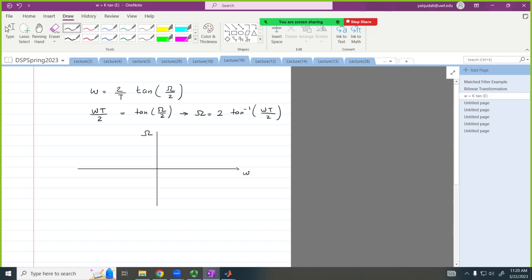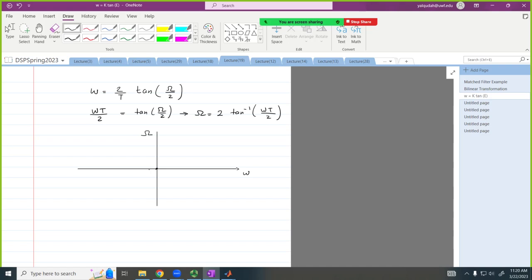So when W is equal to 0, omega is going to equal 0. So we are at this point. When W is equal to infinity, what is omega going to equal? What is the angle that has a tangent that is infinity? Pi over 2. So what is omega going to equal?